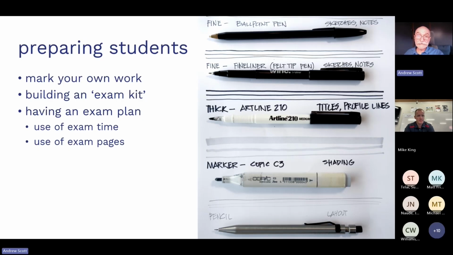And then having an exam plan, a way of knowing how to address the objectives of the exam, and having a plan for how much time you'll spend on each part of that, is really helpful.